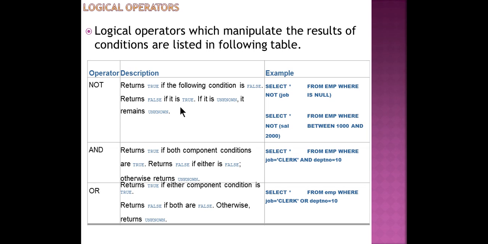If it is true, not of true is false. If it is false, not of false is true. It's similar to the negation operation. If you execute select asterisk from EMP where job is null, then instead of writing job is not null, you can simply use the not operator here.